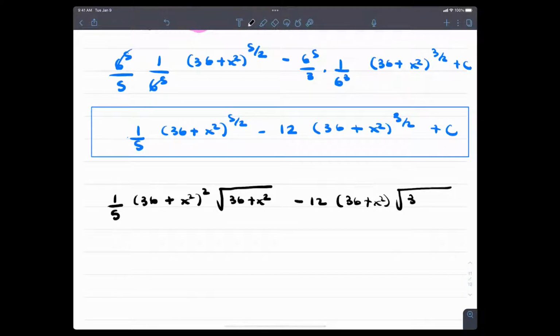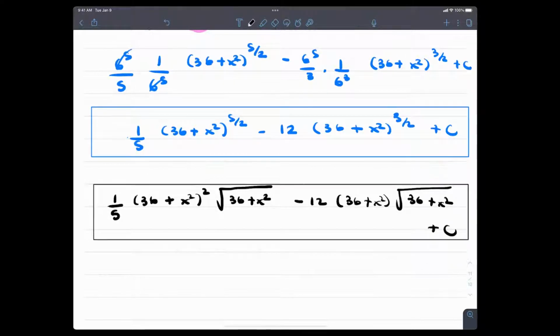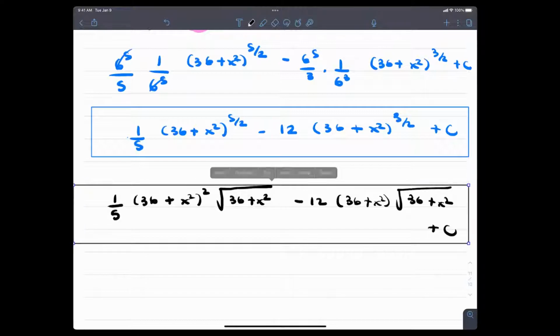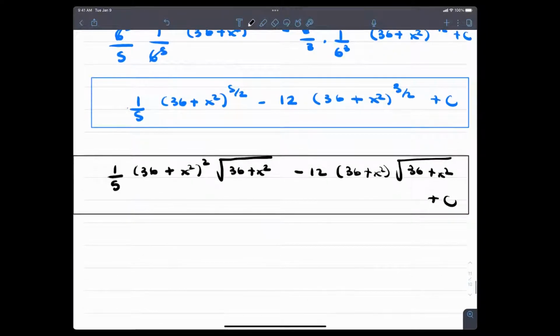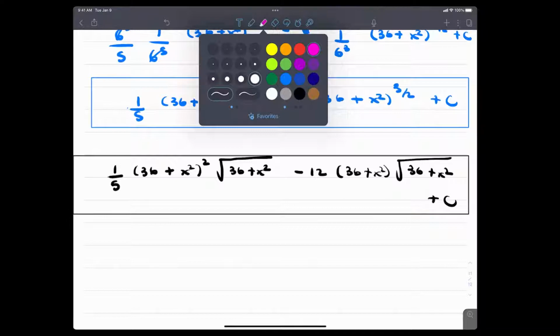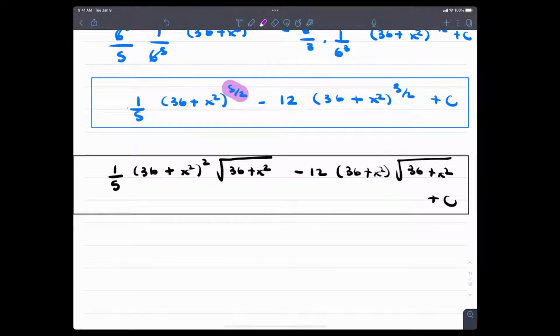You do it that way. So if you guys remember this, remember the technique, right? 5/2 is 2.5, right? That mixed number, 2.5, and then 3/2 is 1.5.